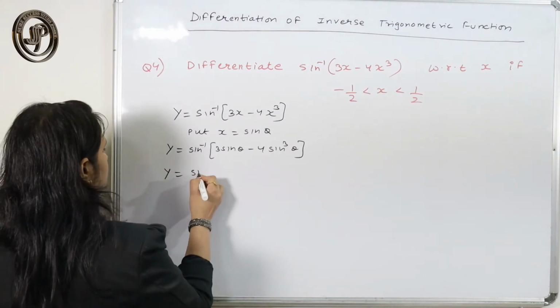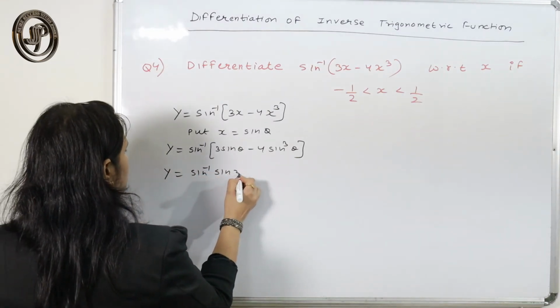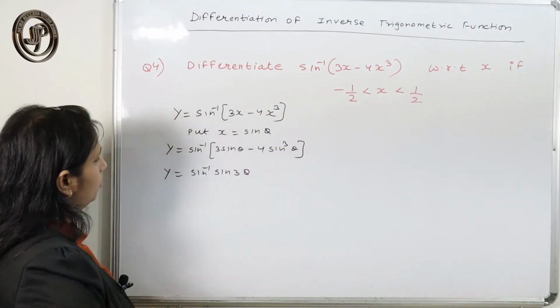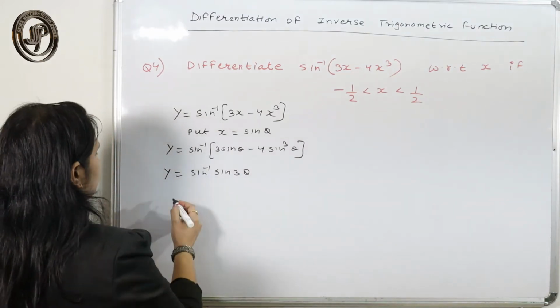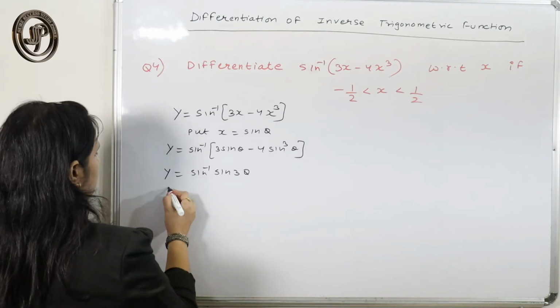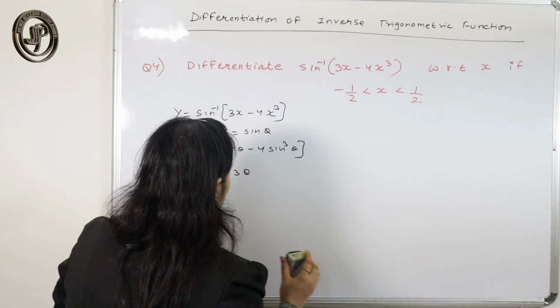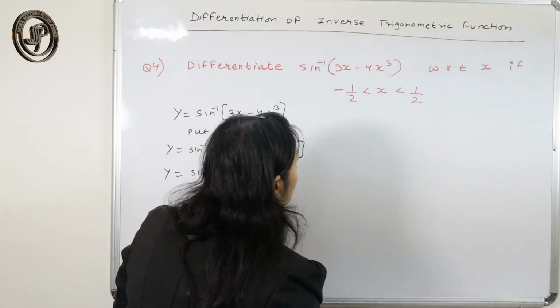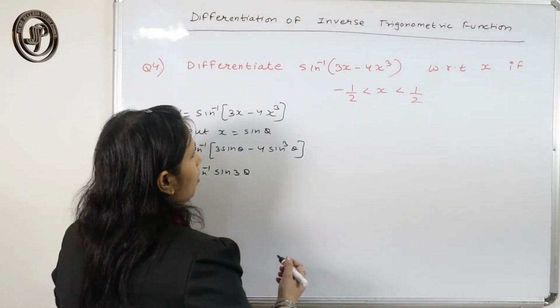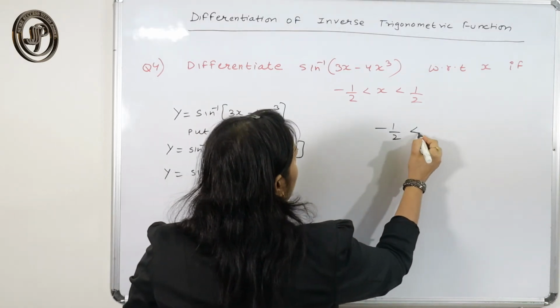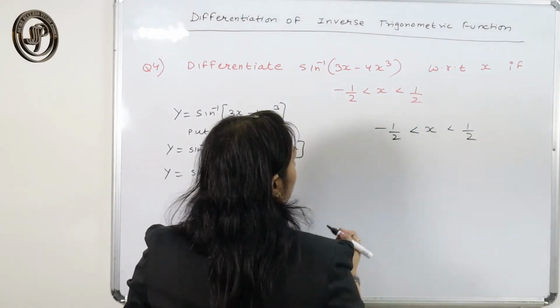So y will be sine inverse sine 3 theta, right? Sine inverse sine 3 theta. So here sine inverse and sine will not simply cancel out. First we have to check the range for 3 theta. So it is given minus 1 by 2 to 1 by 2, right?